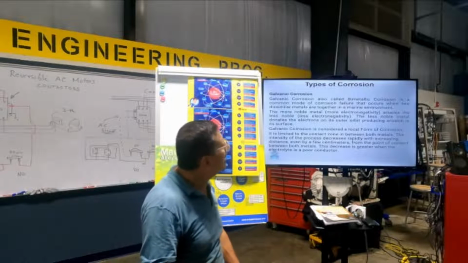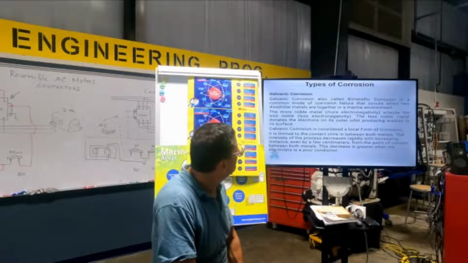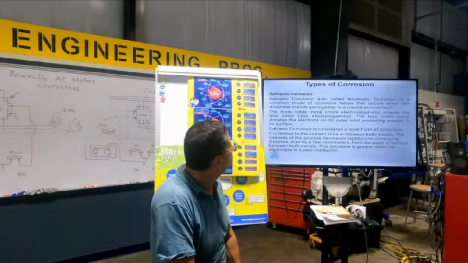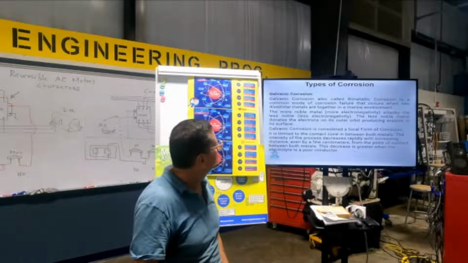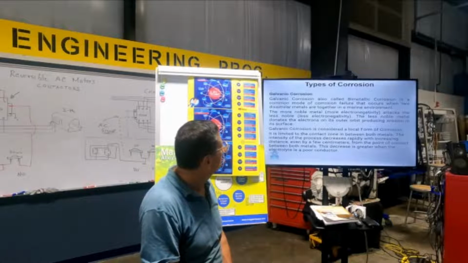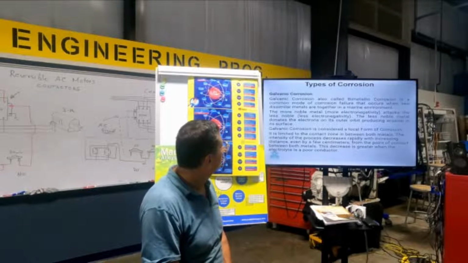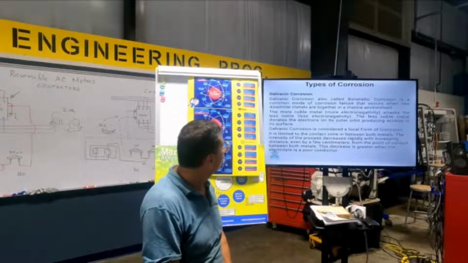Okay, galvanic corrosion then. Galvanic corrosion, also called bimetallic corrosion, is a common mode of corrosion failure that occurs when two dissimilar metals are together in a marine environment. The more noble metal, with more electronegativity, is protected. The less noble metal, with less electronegativity, donates the electrons on the outer orbit, producing erosion on its surface.